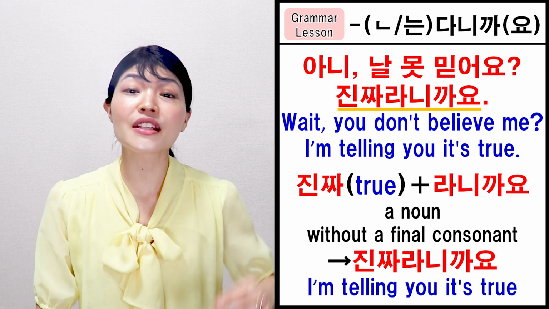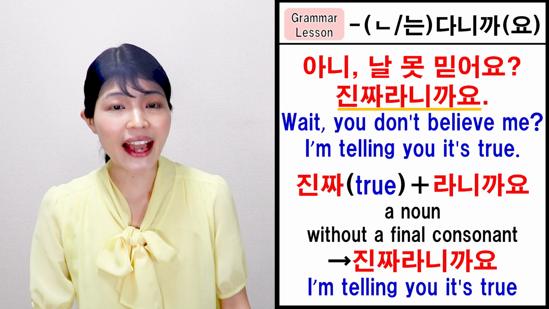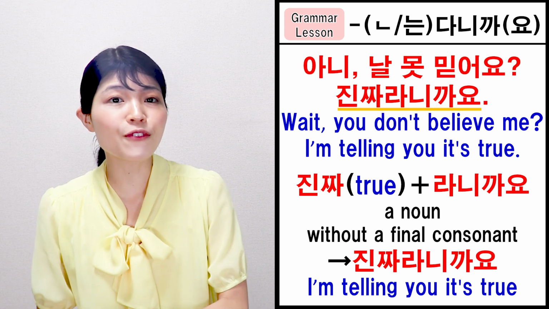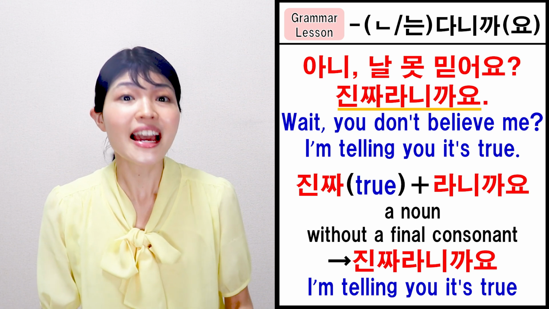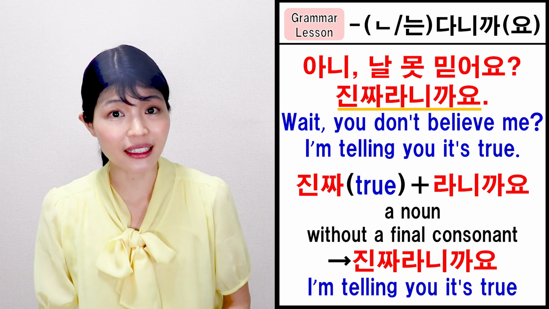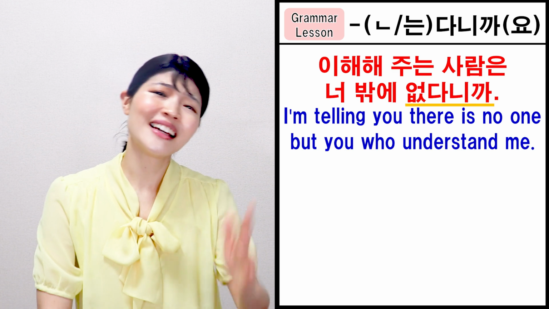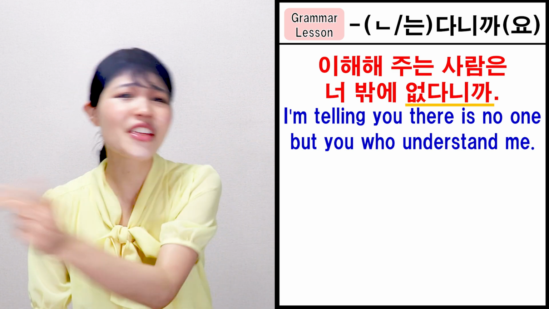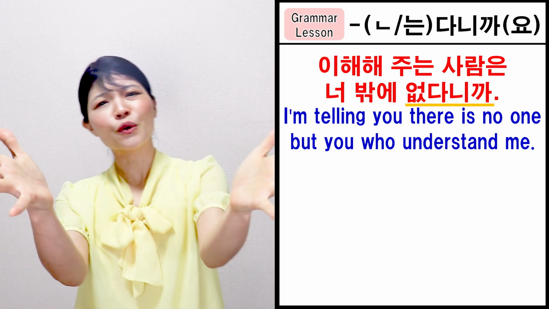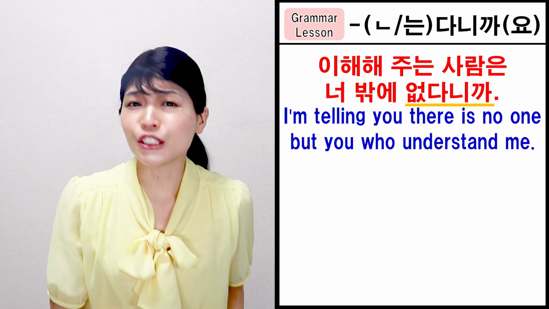You can also use this grammar in context where the speaker himself is simply emphasizing what he wants to convey, as in the following example sentence. 이해해주는 사람은 너밖에 없다니까. I'm telling you, there is no one but you who understands me.